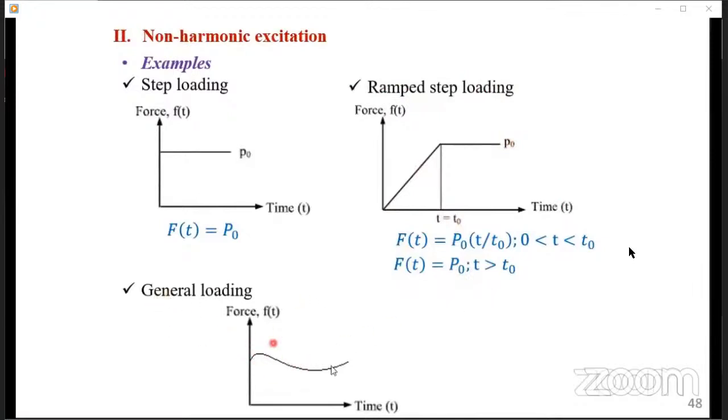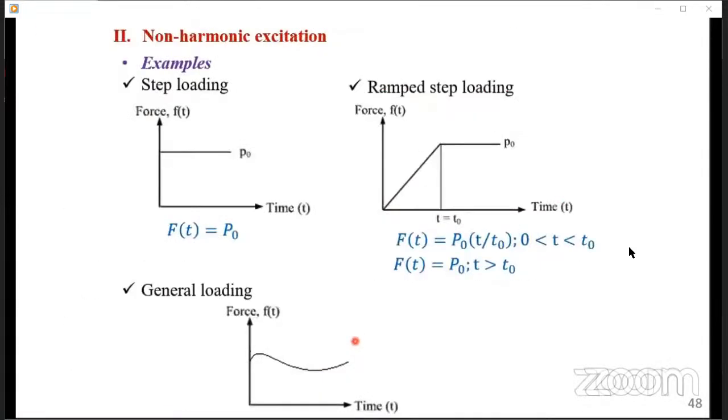The general case loading that we are talking about here is when you have a curve, but it's not sinusoidal. Remember the case when we used the trapezoidal rule or Simpson's rule to calculate the area. That's when we had a general kind of curve, right? That might not be expressed using an analytical function, but still is a function of time. Okay.